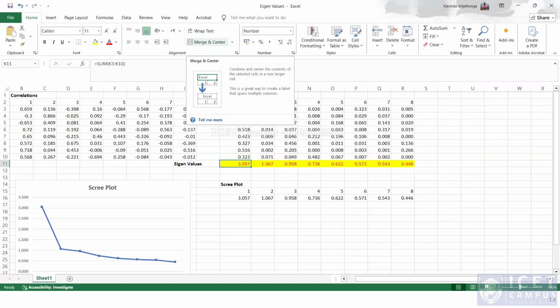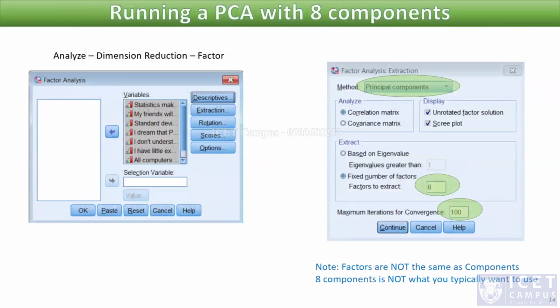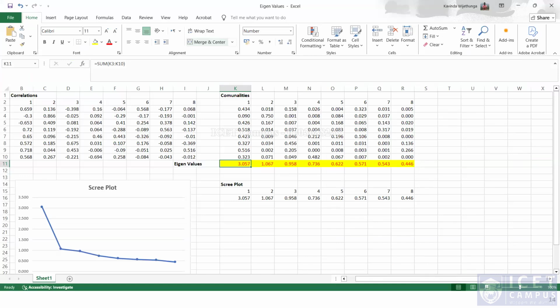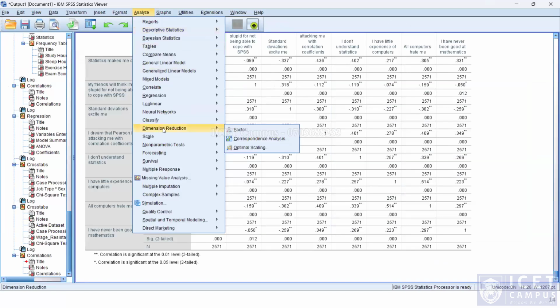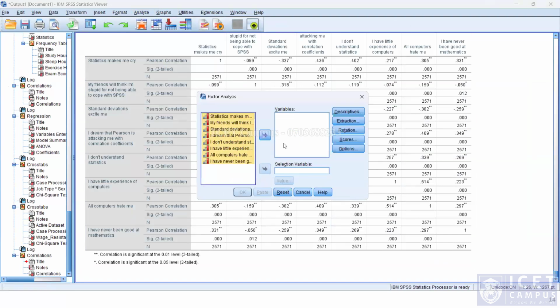Next, we can go for the factor analysis now. Then we can go to analyze, dimension reduction, factor analysis. So we can select all.